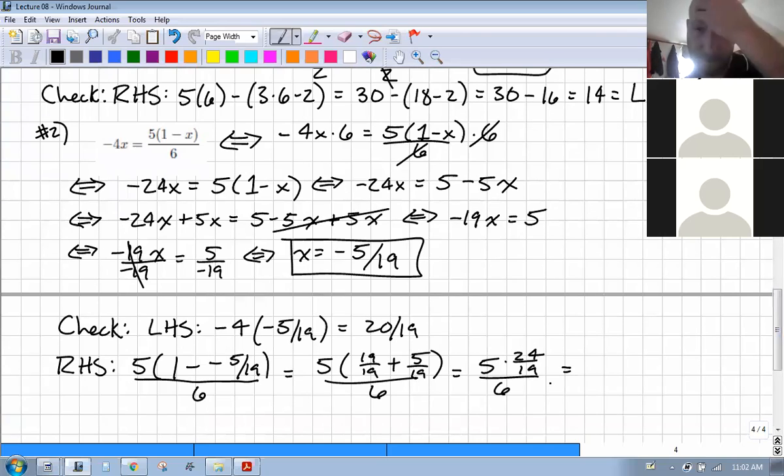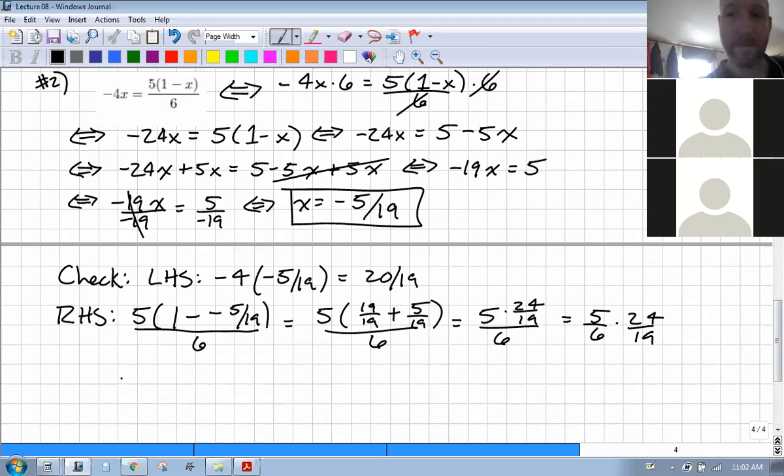It's the same as 5/6 times 24/19. How can we reduce this? 24 is 8 times 3, and 8 is 2 times 2 times 2. 6 is 3 times 2.